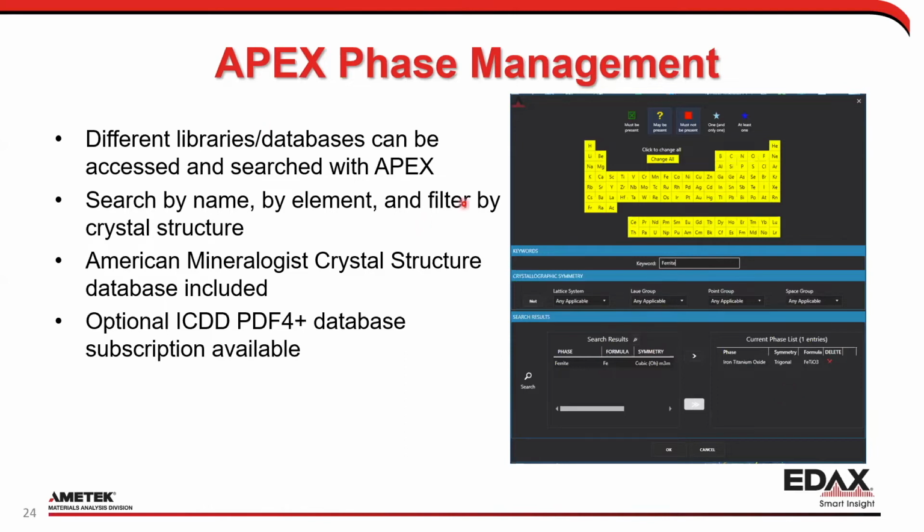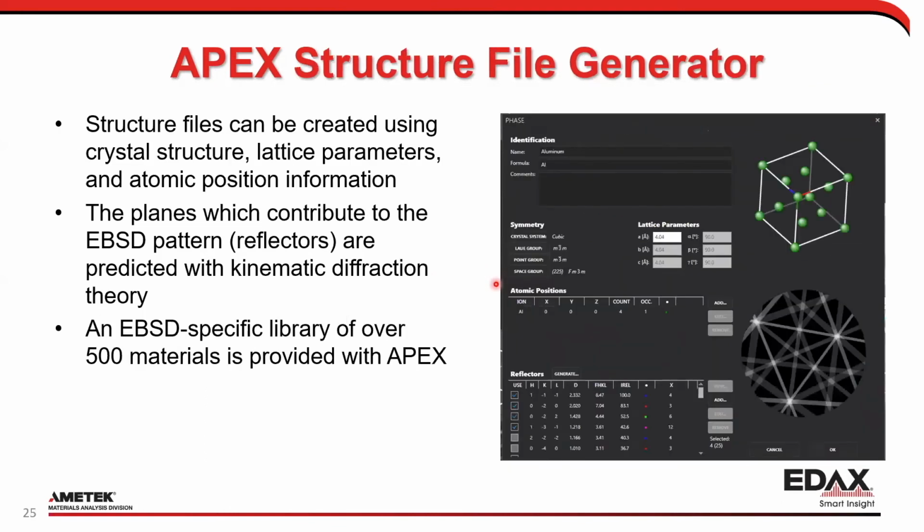Now, highly useful. A lot of new features kind of hidden in here. Of course, if you have a new file or a new material, if you're doing what we call true research, you would have to build your own phase structure, your phase file. To do that, we have this phase file structure generator here, where you basically have to have this information from something else, right? So here I can see I have my lattice parameters, I have the angles.